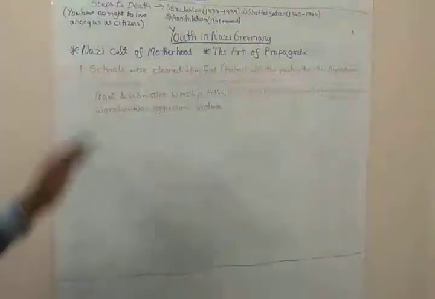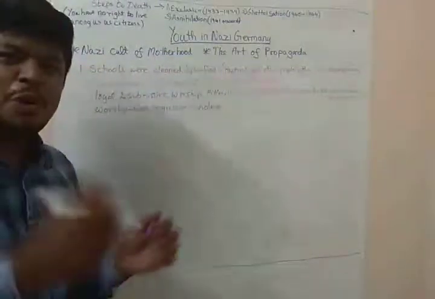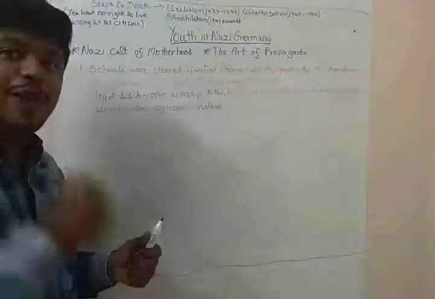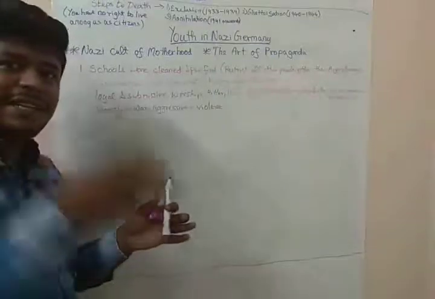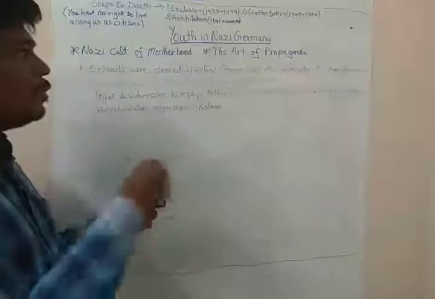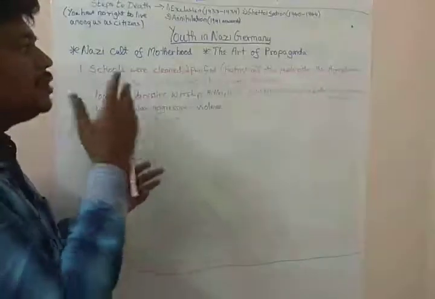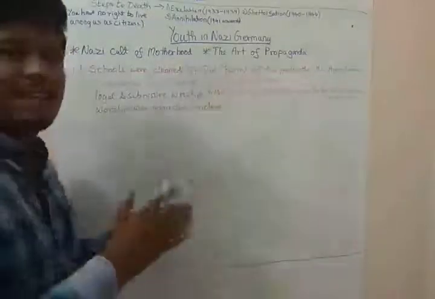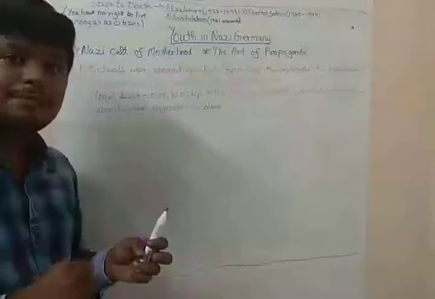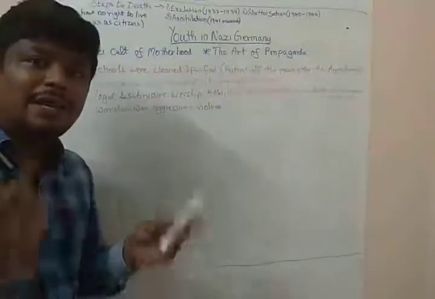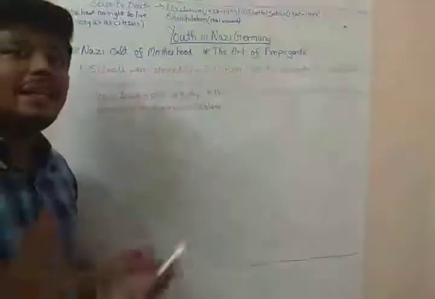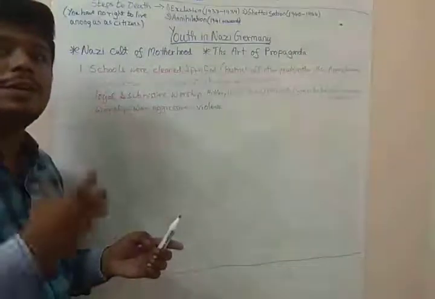So, by school itself, the children were motivated to be aggressive and violent. From childhood itself, they were taught to hate Jews, communists, gypsies and all other undesirable people, and they should kill them. And if they are killing them, that is not murder, but they are cleaning their country. That's the idea given to the children.